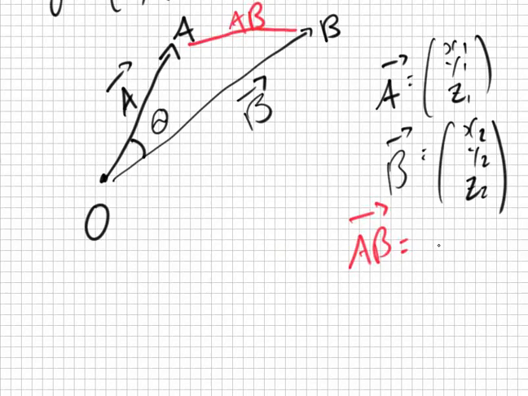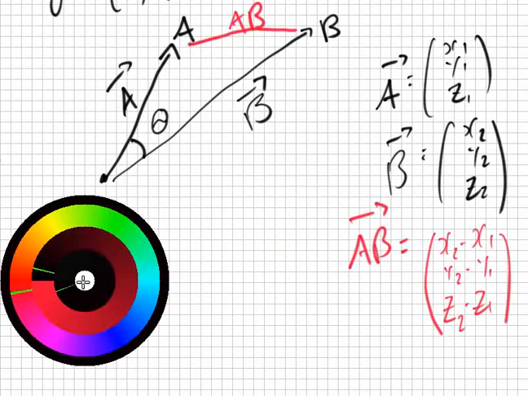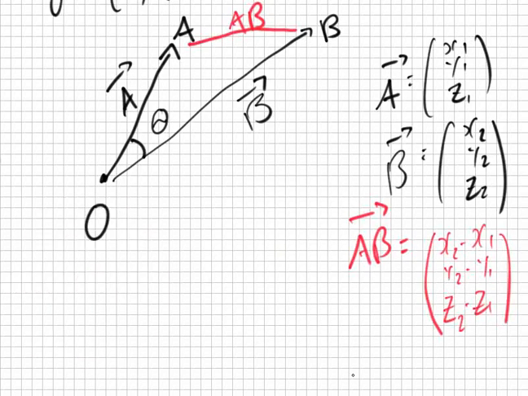B minus A. So that would be x2 minus x1, y2 minus y1, z2 minus z1. Good old AB is B minus A rule. Hasn't changed.